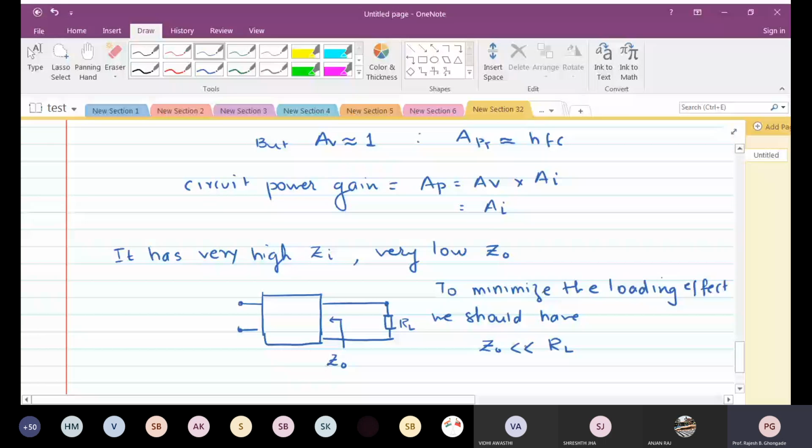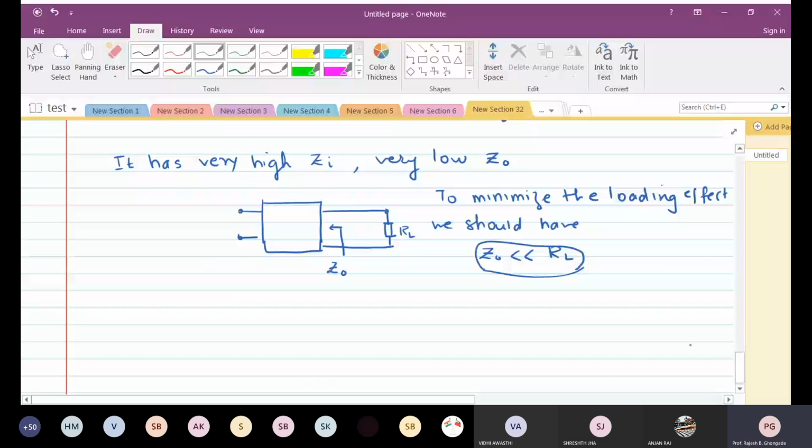Remember this? Yes, sir. So we have a very good circuit which has got very low output impedance.